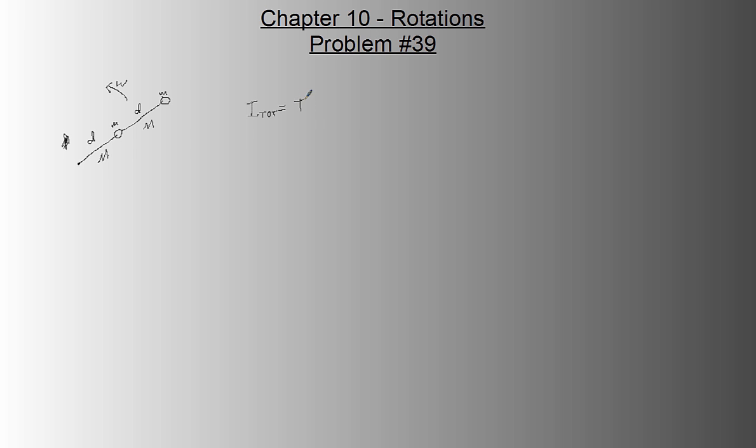So the total moment of inertia equals the moment of inertia of rod 1, plus the moment of inertia of mass 1, this little guy here, plus the moment of inertia of rod 2, which is the second rod, and finally the moment of inertia of the second mass, the second little ball here. Alright?